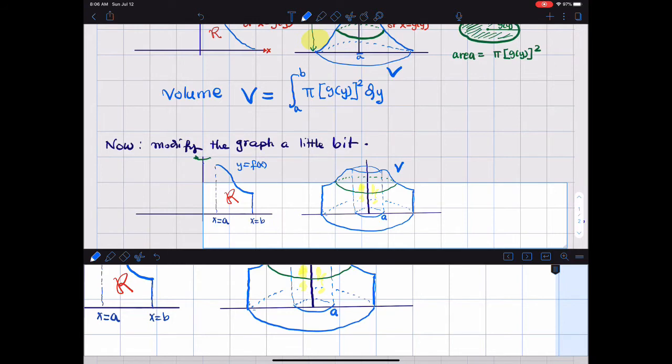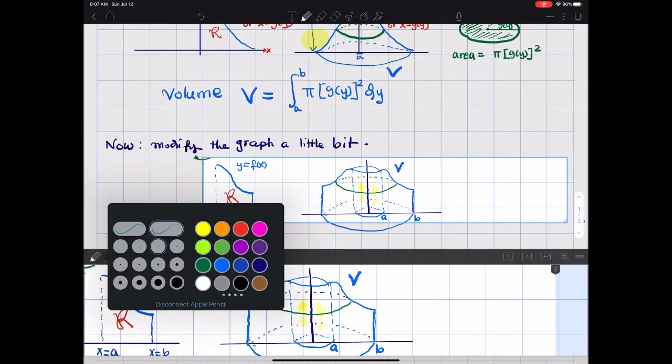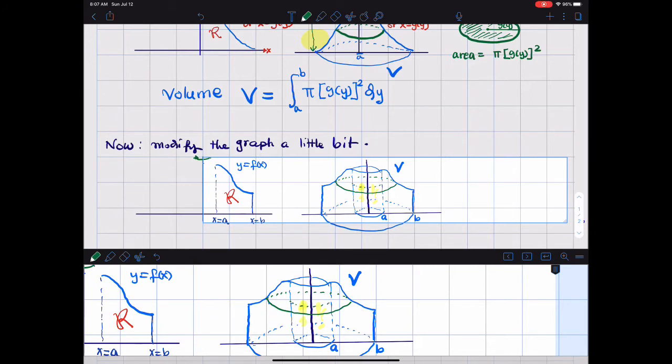So remember that a, b, okay? If we take this green cross section to make our disc or washer to find the area, we'll be dealing with it, because it's going to be hollow. So we'll be dealing with this disc.